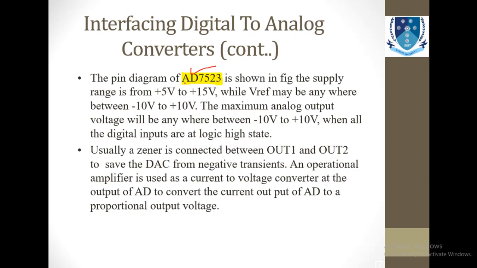This IC is mostly available and it also provides you a lot of range. So the primary objective has been achieved, and you can see that it has the most importance over the previous IC.